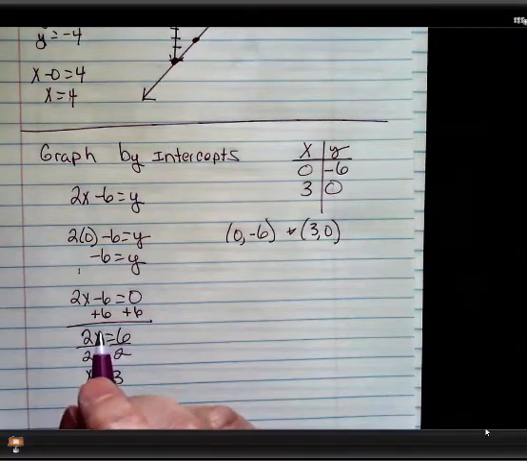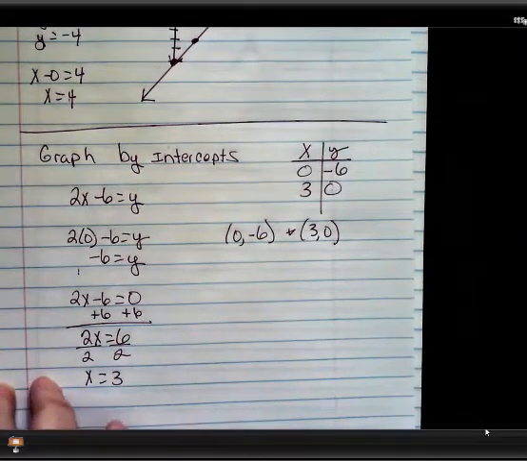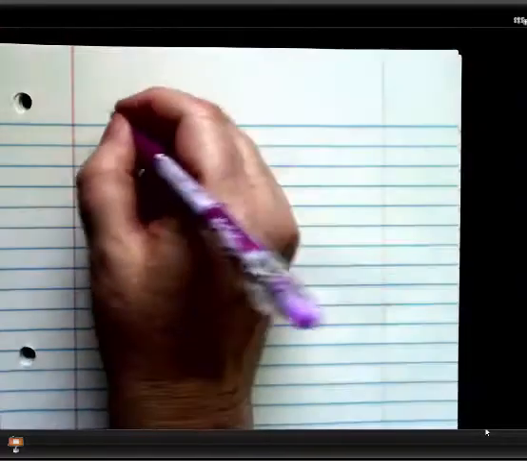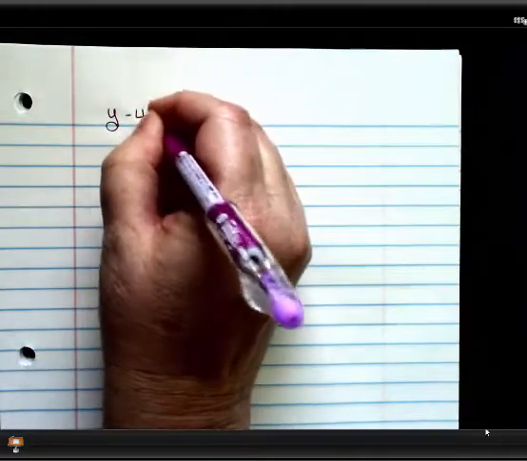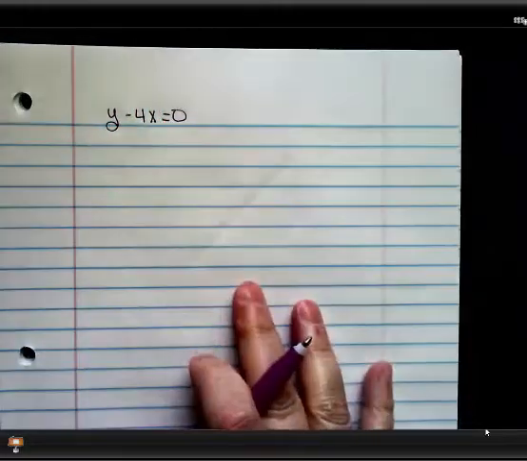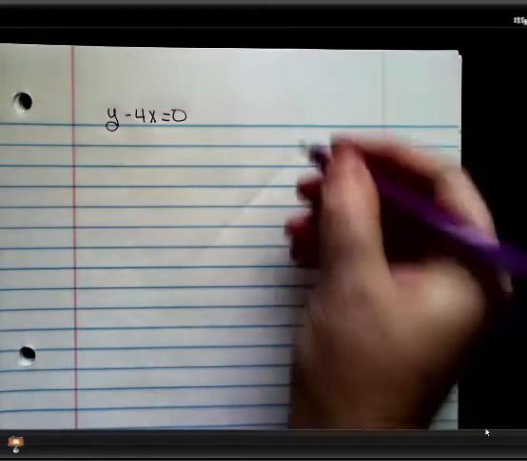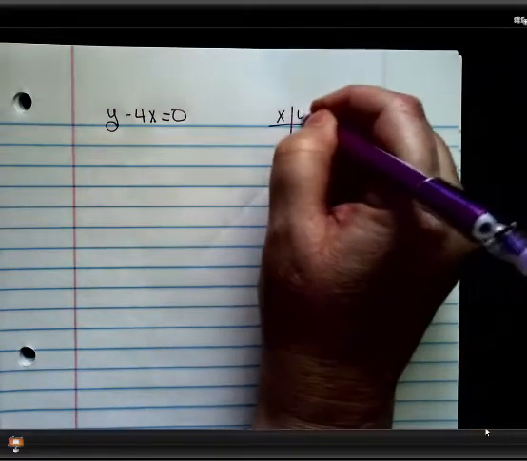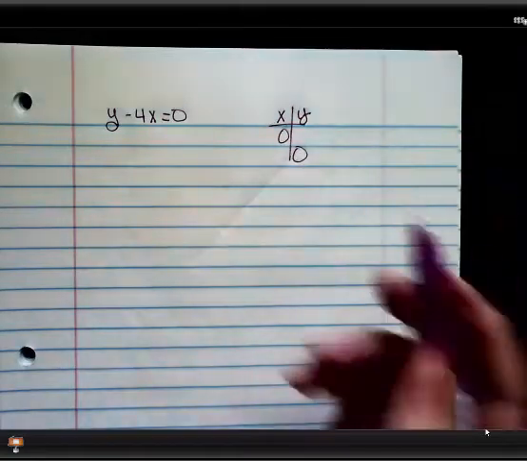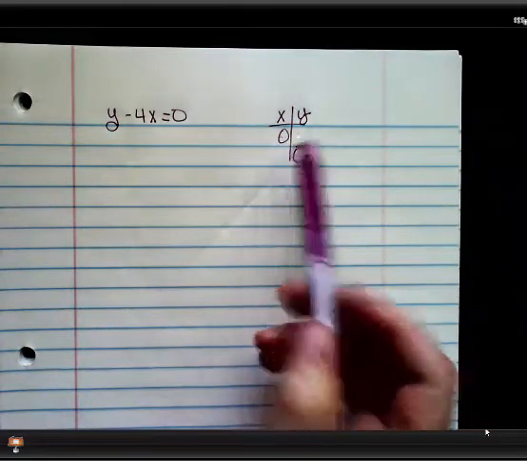Now, let's try one more where graphing with intercepts isn't going to work. Let me show you why. Now, your homework says just graph it. Graph it by plotting points. If I did my intercepts, let's plug in x for 0.